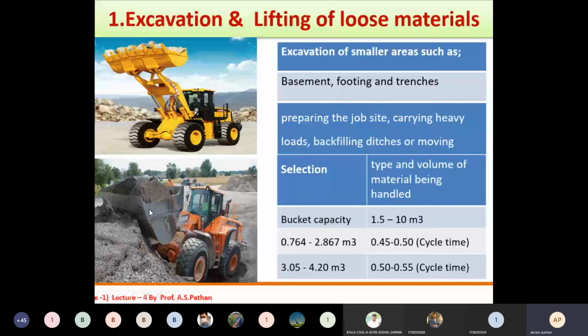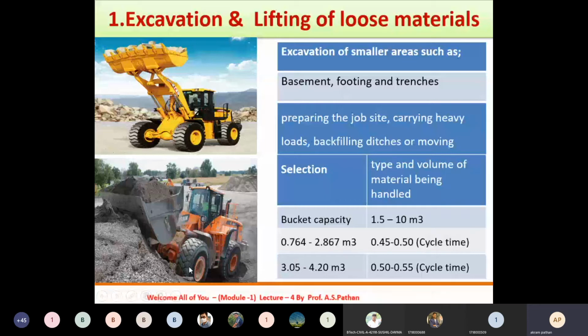For example, if the bucket capacity is in between 0.764 to 2.867 meter cube, then the cycle time will be 0.45 to 0.50 minutes, right? What is cycle time?